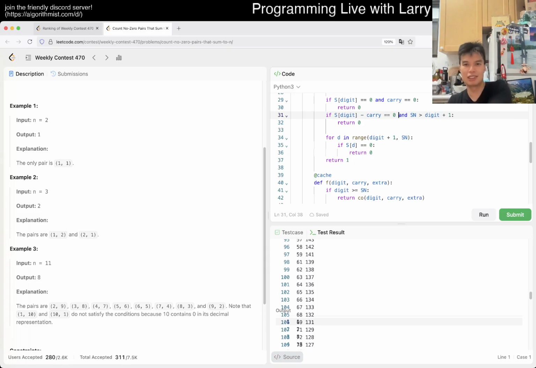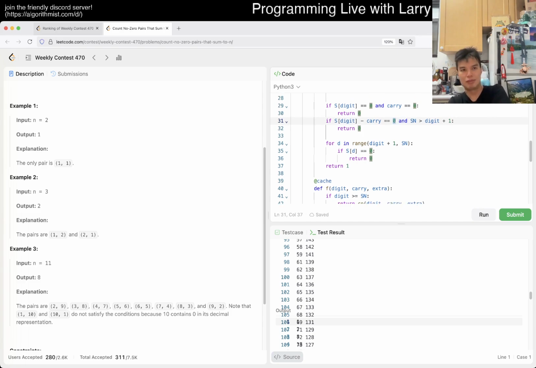Oh, this means that the current digit is 0, because this is the current digit for the other one. And if there are more digits than 0, you can't keep carrying, right? That's not a thing.